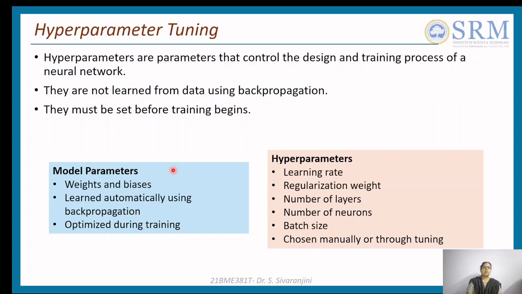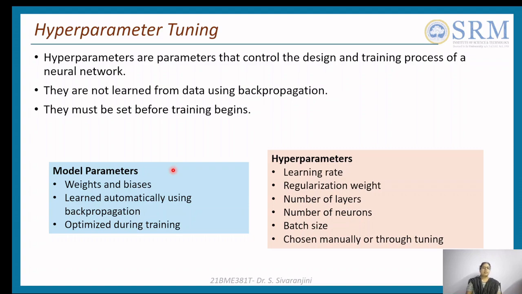We have seen people using two jargons, model parameters and hyperparameters. Model parameters are totally different from hyperparameters. So what are model parameters? They are the ones which are learned by the system.